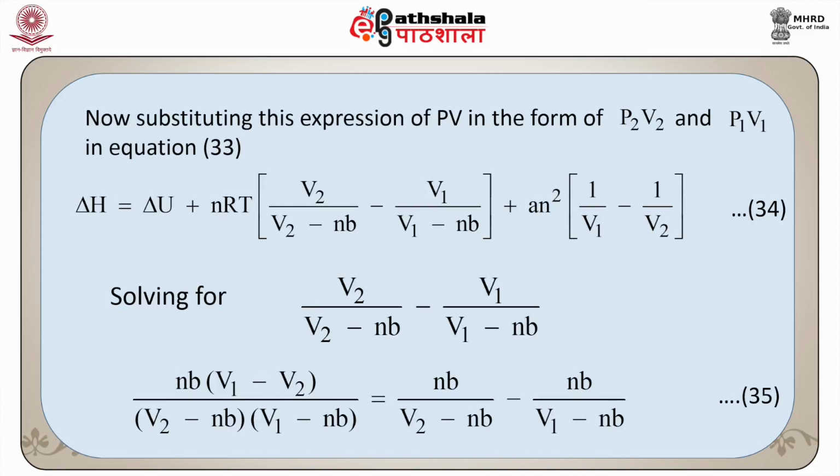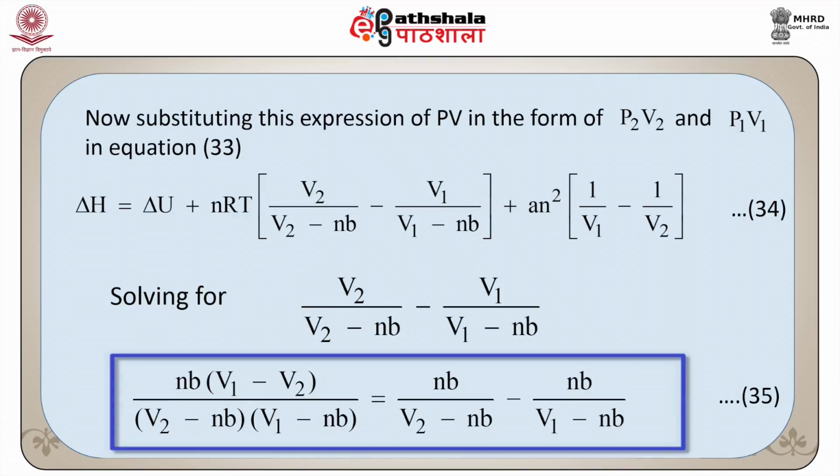Now solving this, we get nb(V1 − V2)/((V2 − nb)(V1 − nb)) equal to nb/(V2 − nb) − nb/(V1 − nb).